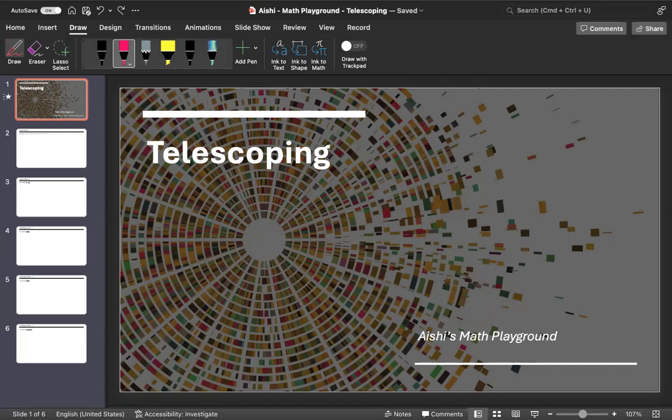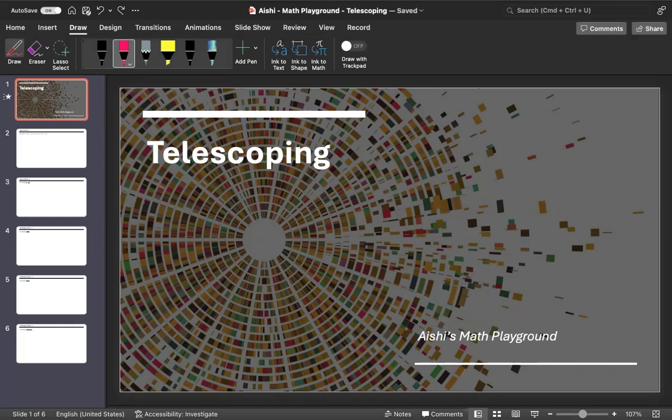Today we'll be doing 5 problems of telescoping. Just in case you don't know what telescoping is, I'm going to explain it right now. So you know how a telescope makes further things look bigger and closer?